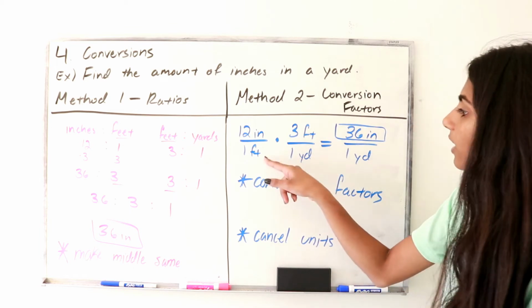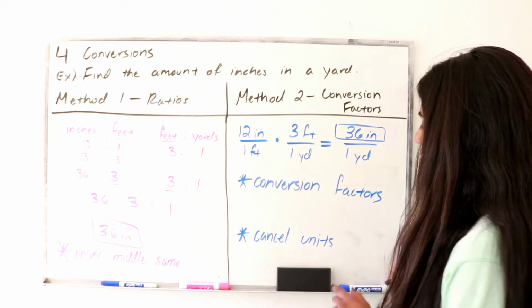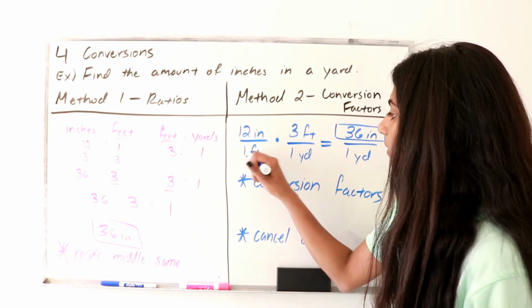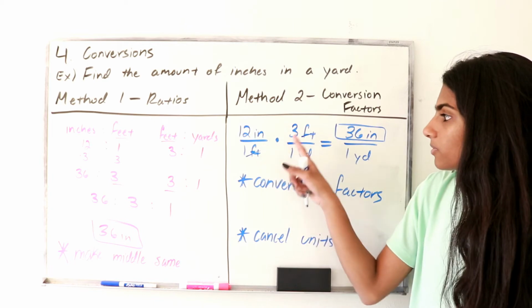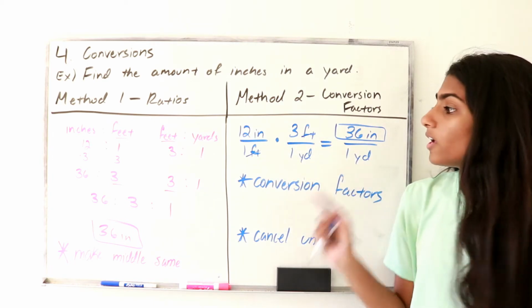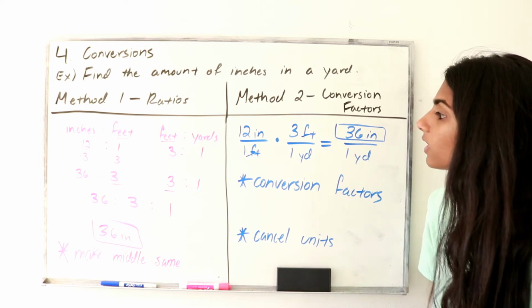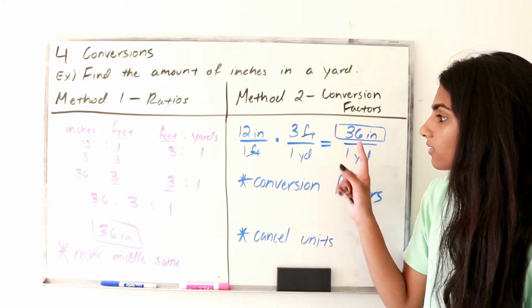We have feet down here and feet up here, so when you multiply them, they cancel out. Whatever's left is inches over yards. And we have 12 times 3, which is 36 over 1, so 36 inches over 1 yard. The main thing here is to have whatever you want to know, inches, in the end.